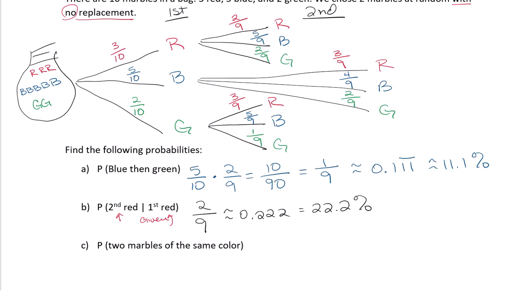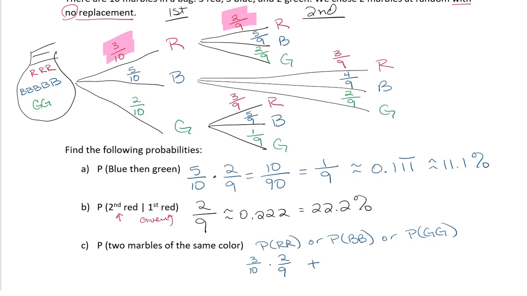Now, part C is a little bit different because it wants the probability that 2 marbles are the same color. That means it could be the probability of red and red, or the probability of blue and blue, or the probability of green and green. Well, if we look across, probability of red and then red will give us a 3/10 times 2/9.